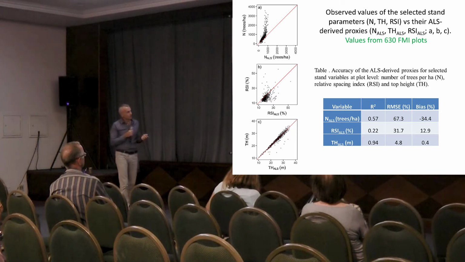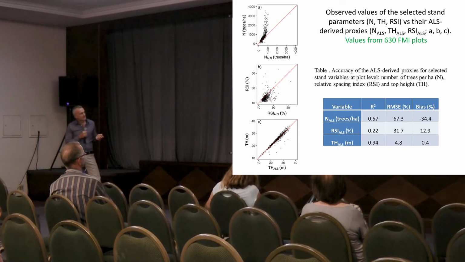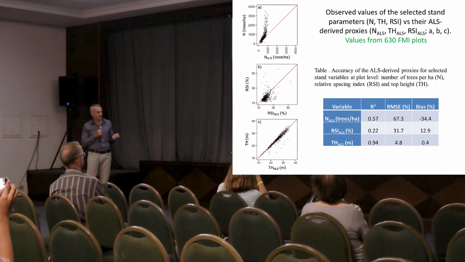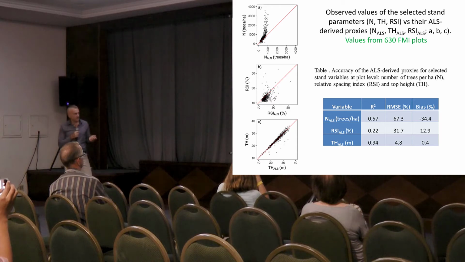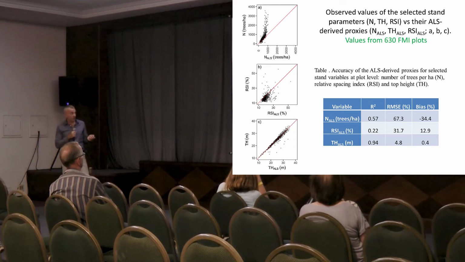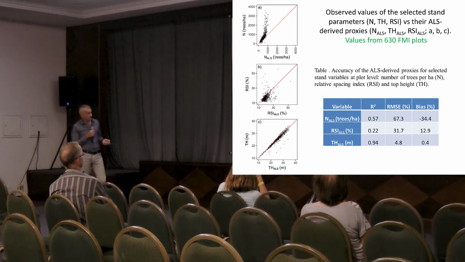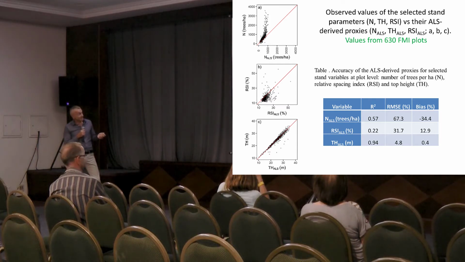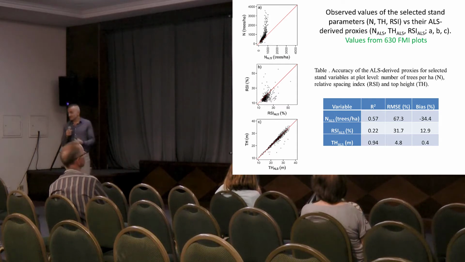If we look at observed stand parameters such as number of trees, top height, and relative spacing index, and the derived ALS proxies, we see that we could estimate top height quite well, but in the case of number of trees, we know that the number of trees is generally underestimated.